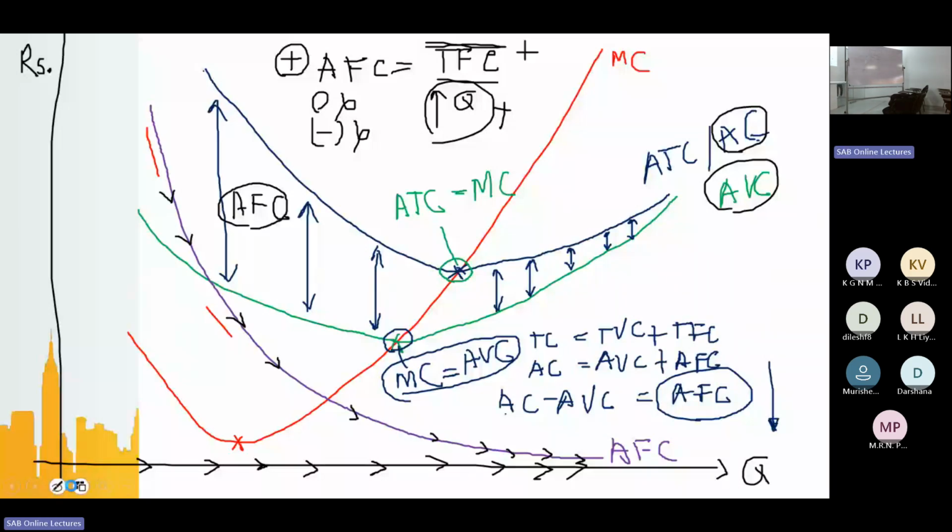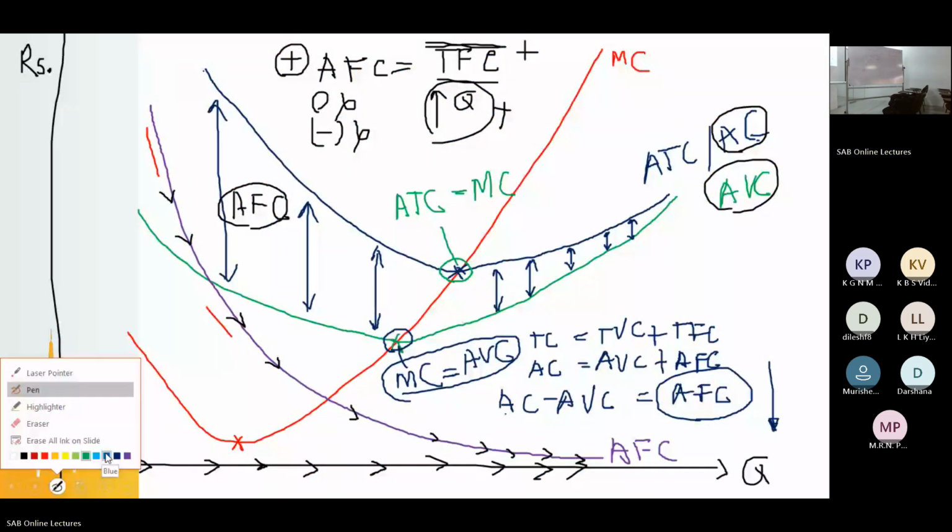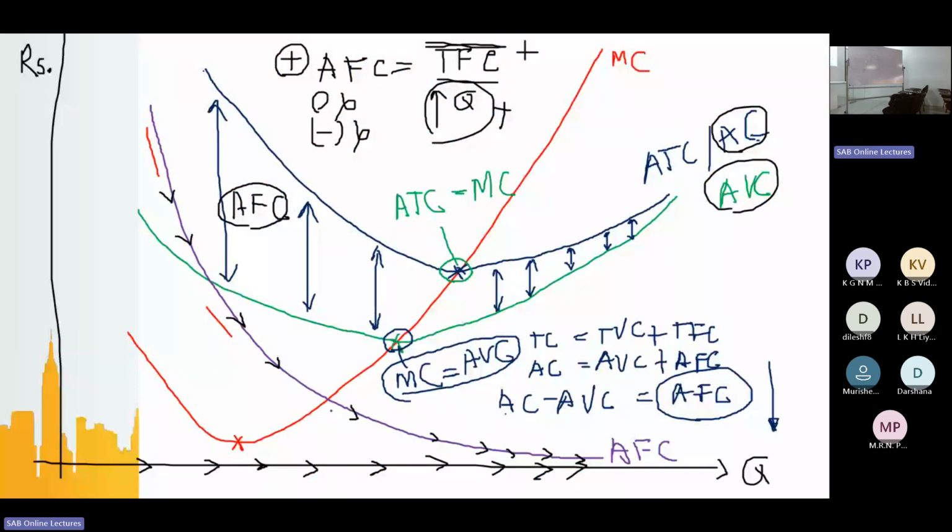So in this figure, we can observe another thing. First we find the minimum point of marginal cost. Next, we find the minimum point of average variable cost. And afterward, we find the minimum point of average total cost.